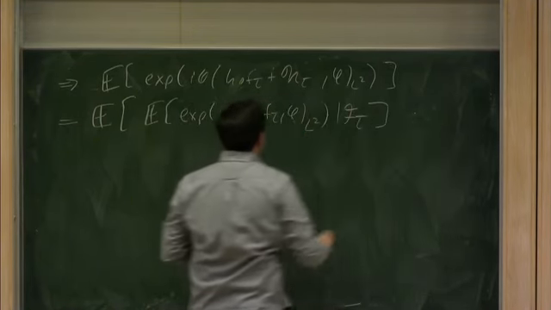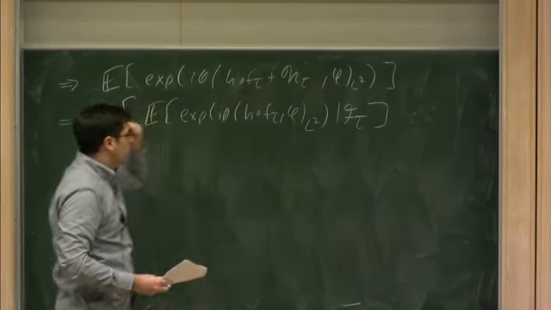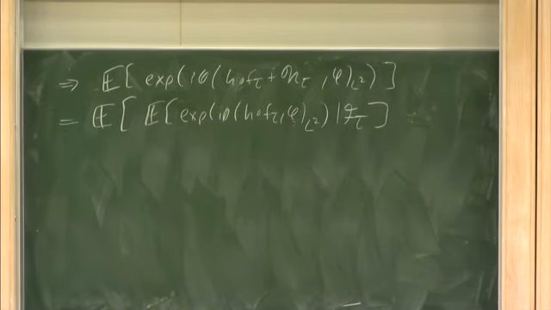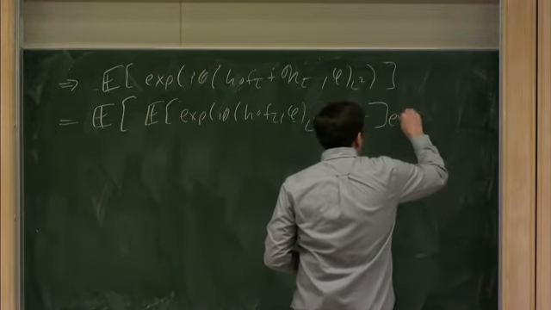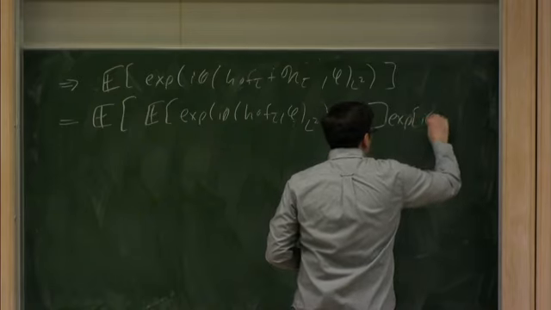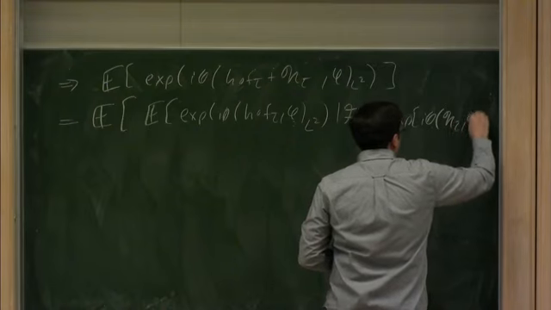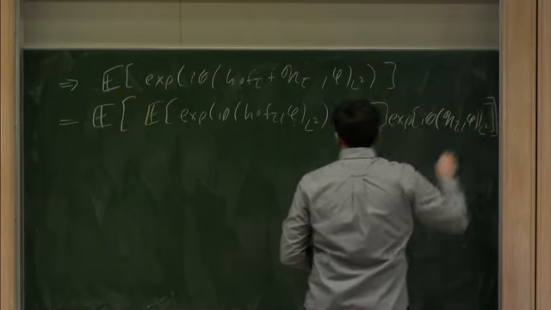Since this second variable, this calligraphic h sub tau, is determined by the Loevner flow at time tau, it is measurable with respect to this sigma algebra. So I can just pull it out, and I get this expression here.